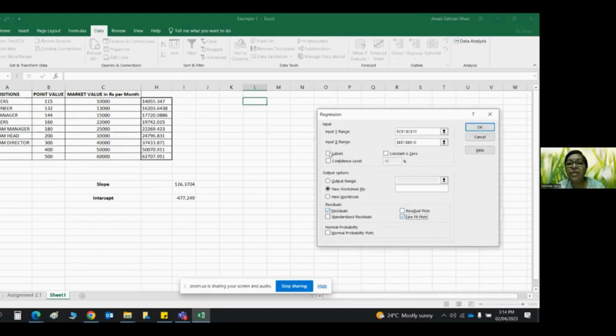Now we need to click on residuals and output in a new worksheet. Line fit plots also, residuals also. Okay, do okay.